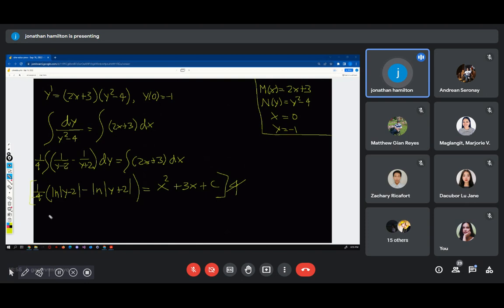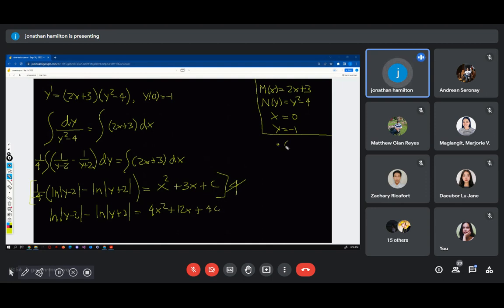The equation can then be ln of y minus 2 minus ln of y plus 2 is equal to 4x squared plus 4 times 3, that's 12x plus 4c.